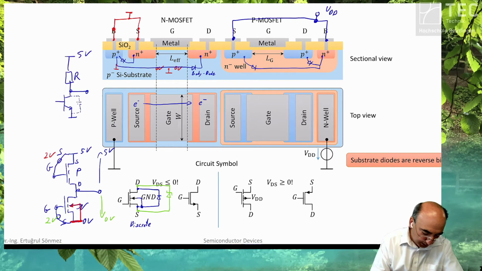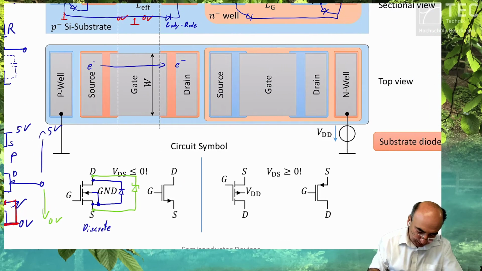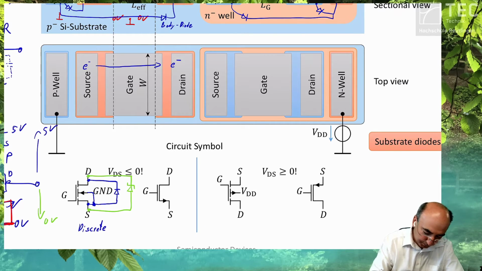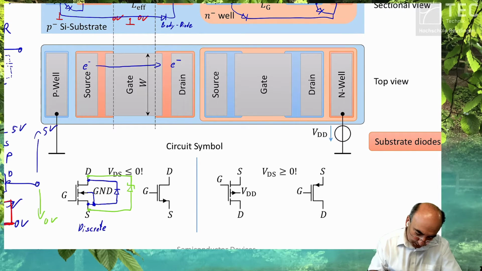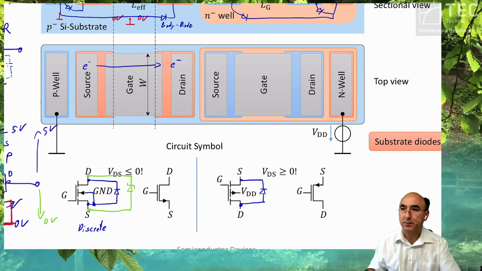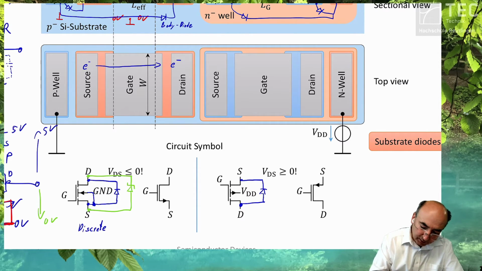And you do then at that point the same game. You have here between the source and drain a diode like this, and externally on your PCB you put in a Schottky, in the case of silicon MOSFETs, something like this.